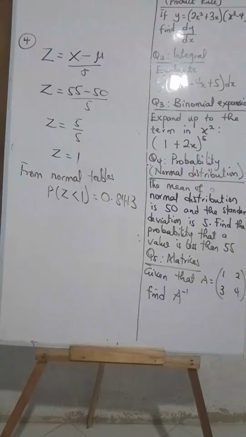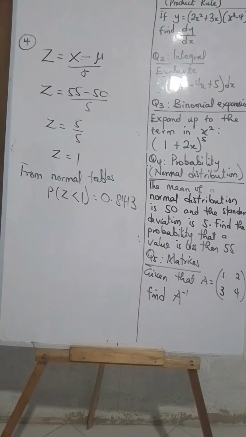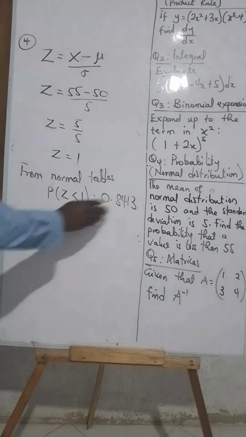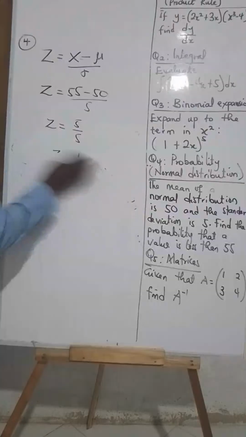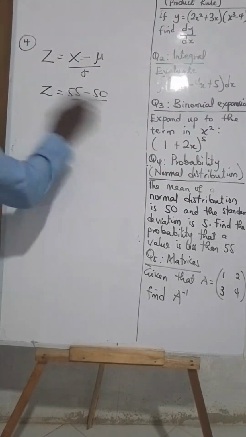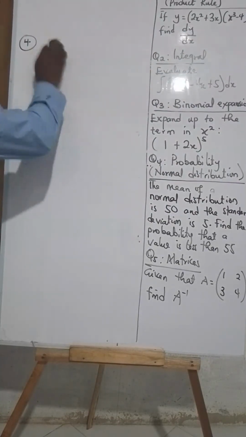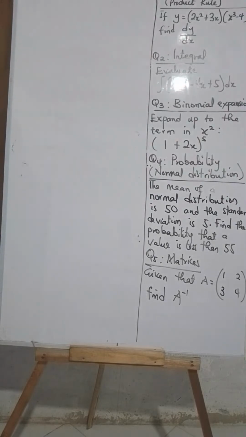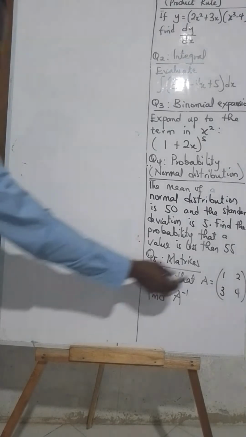Now, we want to move to the last one, that is the matrix. Then we'll bring you to an end here. Last question, question 5. Right, so we are given this matrix here.